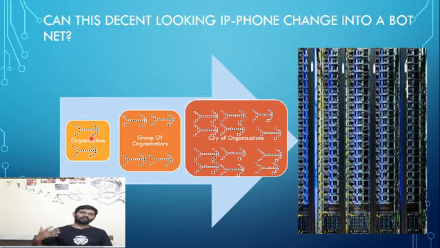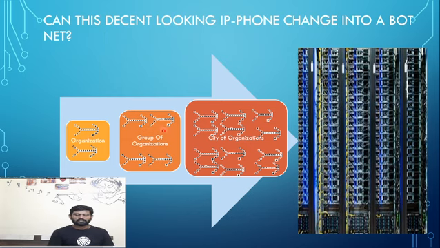Maybe it could take 8 days, 10 days, 15 days, but within 15 days you will get 1 lakh computers, 1 lakh bots. Basically what an IP phone is inside is an ARM machine or MIPS machine, right?